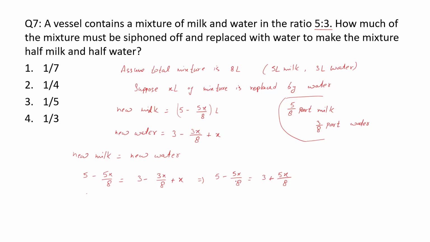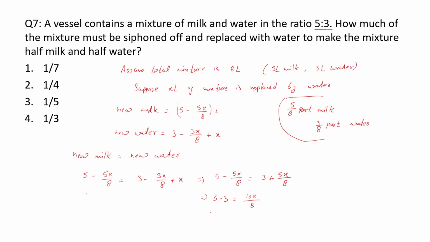Take the x term on one side. Let me take this 5x upon 8 that side, and let me take this 3 this side. So you will have 5 minus 3 is equal to 10x upon 8.